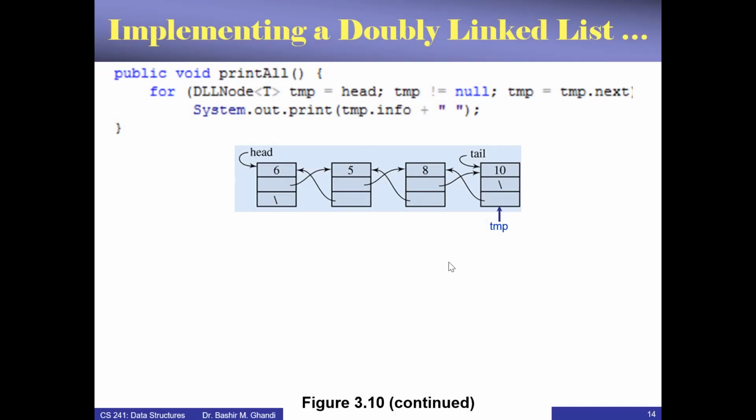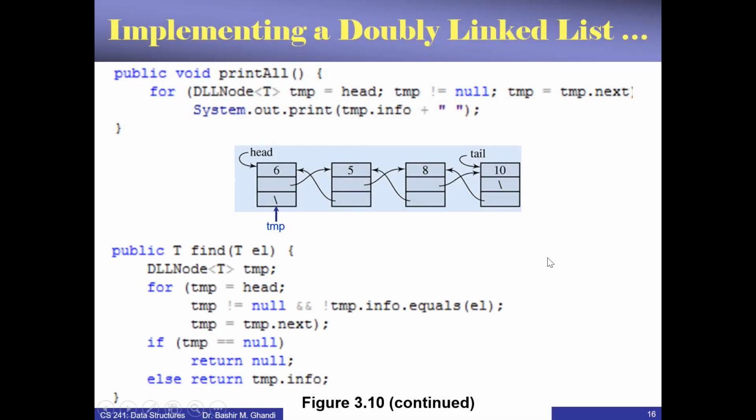By the time we print the 10 in the last node, and we say temp becomes temp.next, well, temp.next is null. So it will be something like this, and you can see now our condition will be false, so the loop will stop. So there is no difference in this method compared to the same method that we saw for singly linked list.